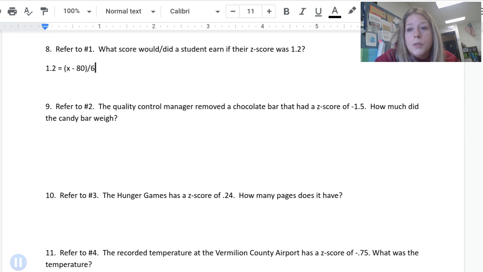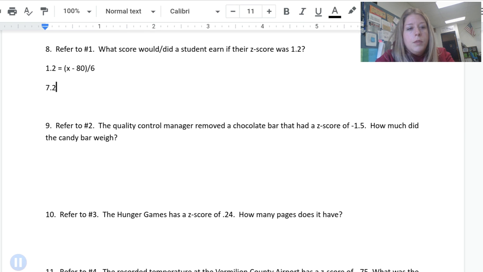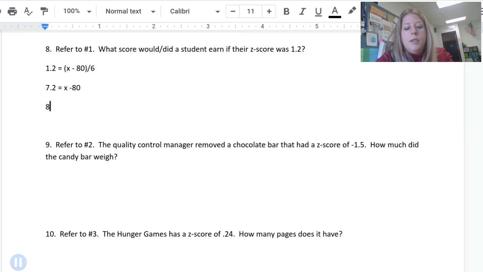We're trying to find what score led us to a 1.2. So you multiply both sides by 6, so you get 7.2 equals x minus 80. Then add 80 to both sides. So 87.2 equals x. That is the score that led us to a z-score of 1.2. So it's a working backwards problem and it's not guessing.